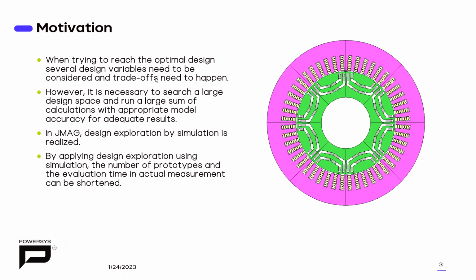So those trade-offs are not so easy to be made, and maybe it will lead to some wrong optimization. So maybe not easy because of those several design variables now.